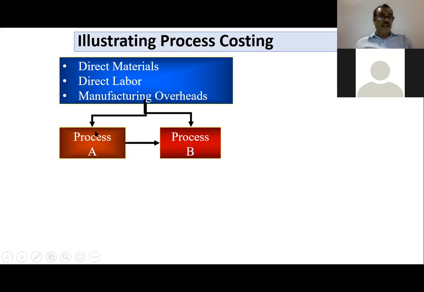In process A, inputs are there: material, labor, or any other thing. You can think of many, but for simplicity, we categorize them into three: material, labor, and overheads. Different types, if you want, 1001 items could be there.